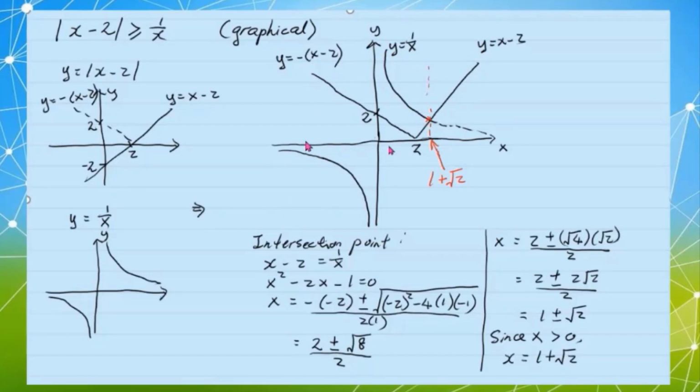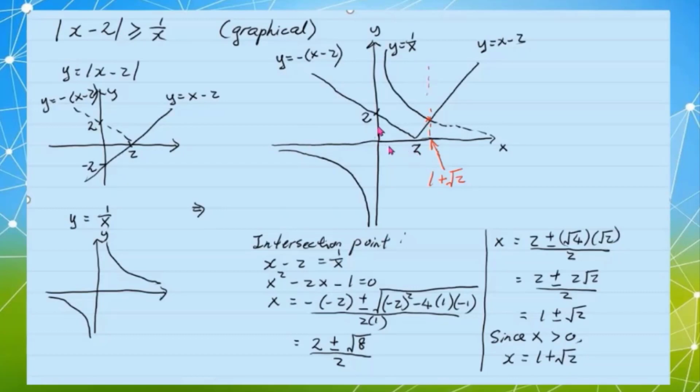Now when we look at this region when x is less than 0, we find that the modulus is always above 1 over x. So in this region, we can say that the modulus x minus 2 is greater than 1 over x when x is less than 0.